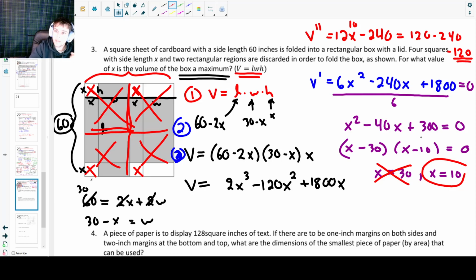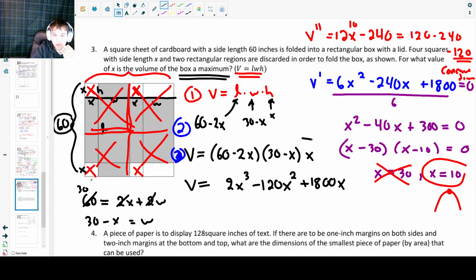What does this tell me? Because I have a negative second derivative, my graph is concave down there. So this is a maximum. This is going to give me a maximum value for my volume function.